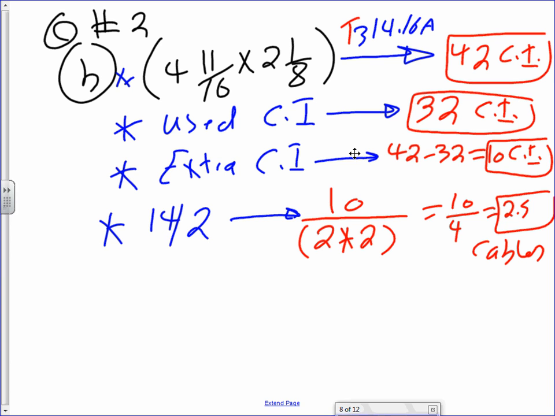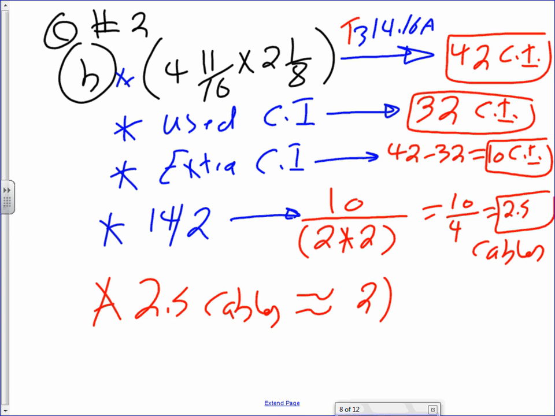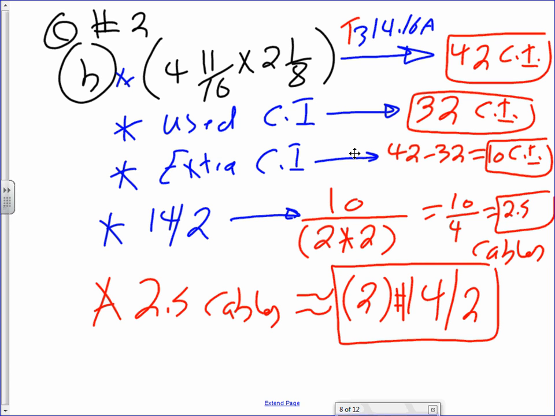Now, if you guys remember, they don't make a 2.5 cables, so this will approximate into 2 cables, because there's no 2.5, number 14, 2. So how many cables, number 14, 2 can I pull? I can pull 2 cables, number 14, 2.